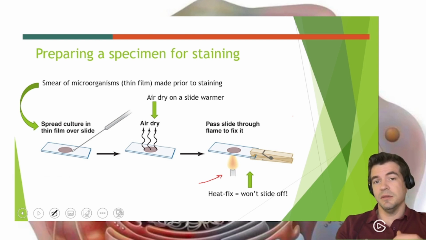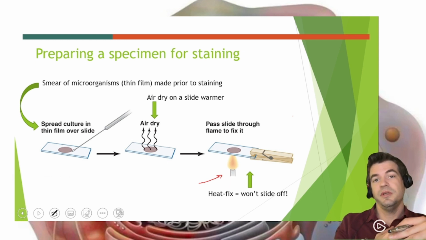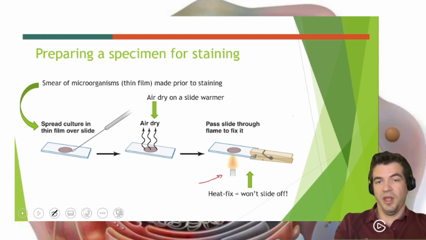When we do the capsule stain and the endospore stain, those items are too sensitive and we don't want to destroy them through denaturing. So we don't heat fix those, we're just lighter on our rinses, and we make sure we completely air dry it.